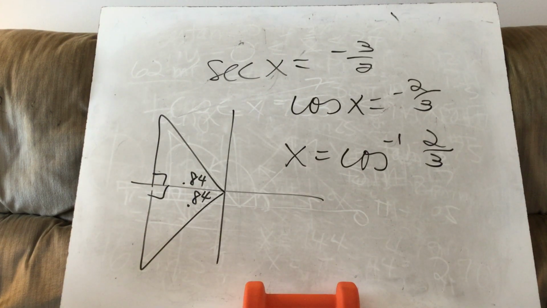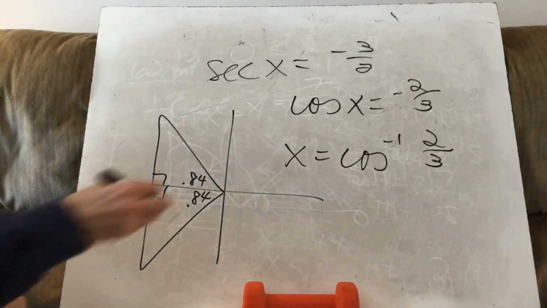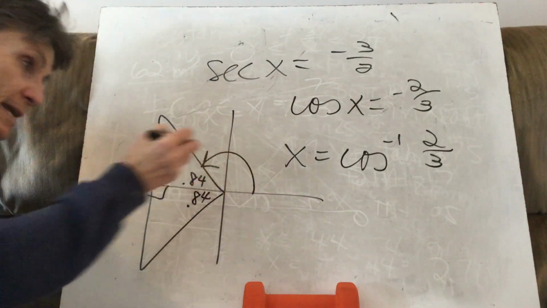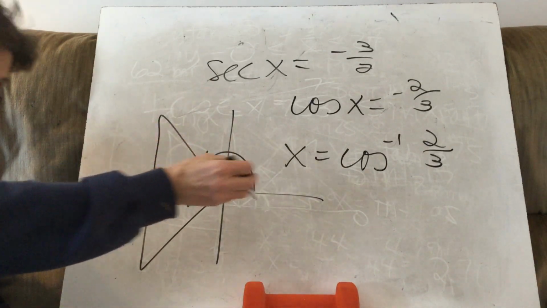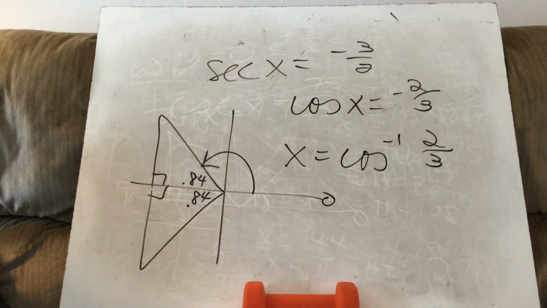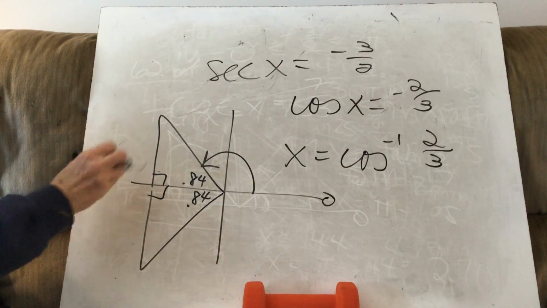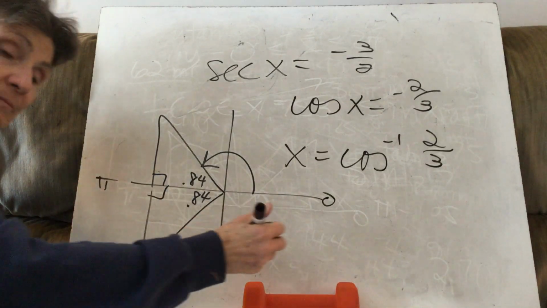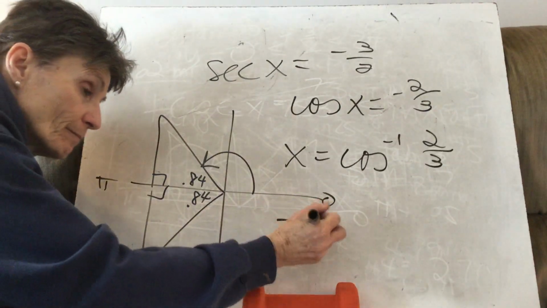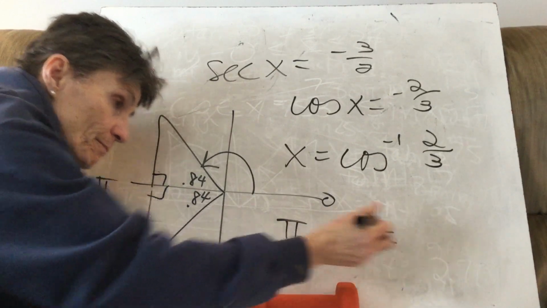Okay? Now, in this problem, is 0.84 an answer? No. This is the reference angle. Remember, you're measuring in standard position, so you've got to start at 0. So how will I find my first answer? Pi minus 0.84. Yep.